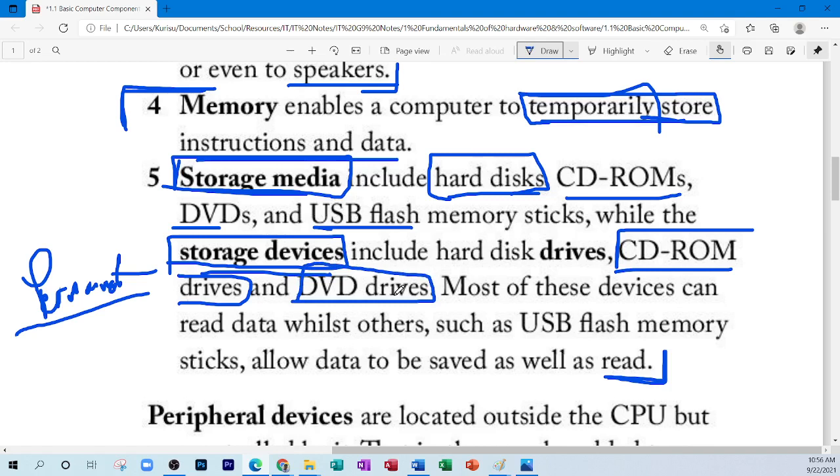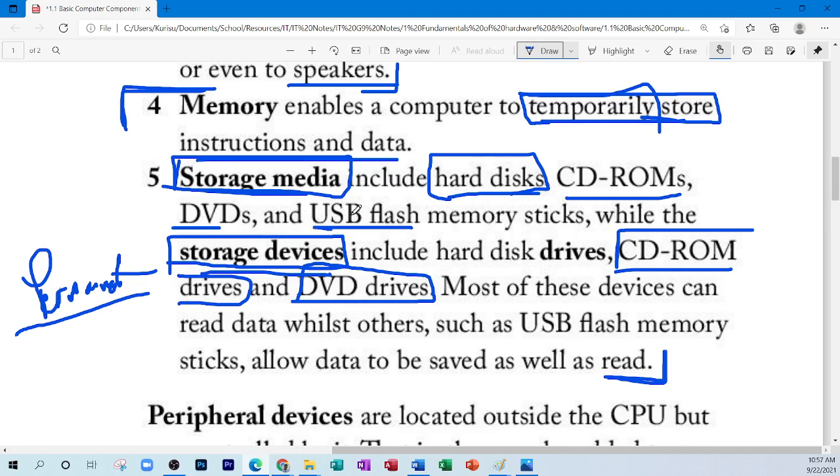That is your storage device. It is used to read the data off of the storage media. If you didn't have that storage device, you would not be able to connect your storage media, such as your CD and your DVD, to the computer. So that's the difference between the two.